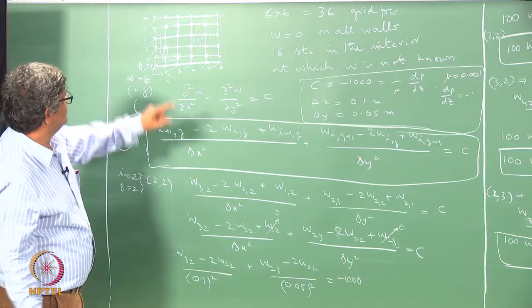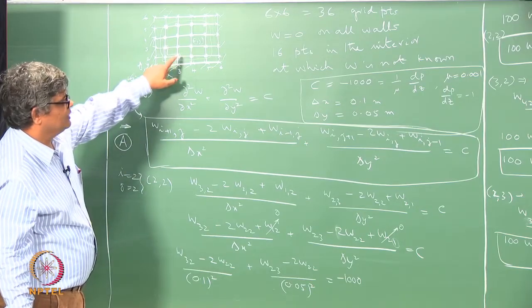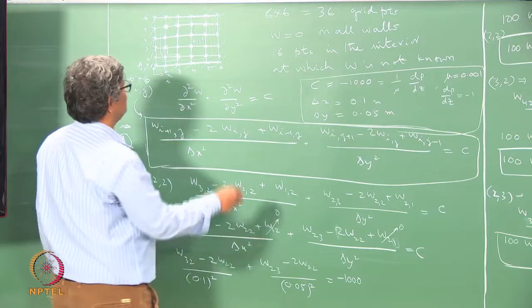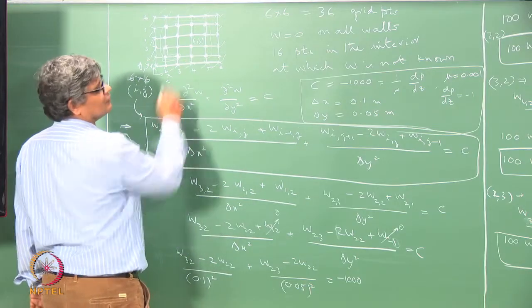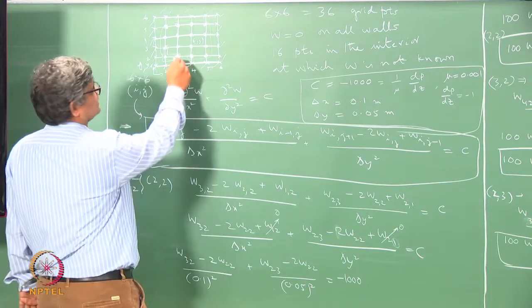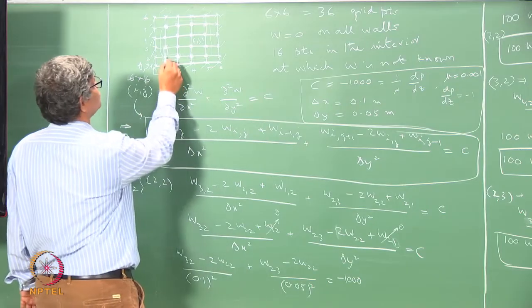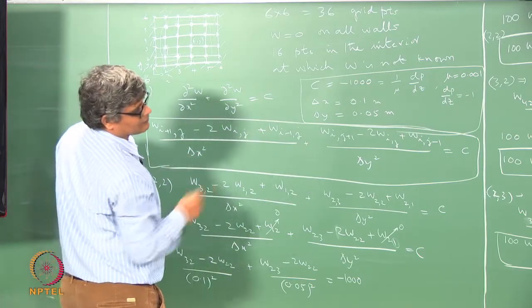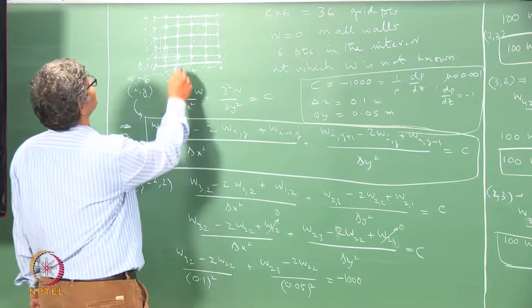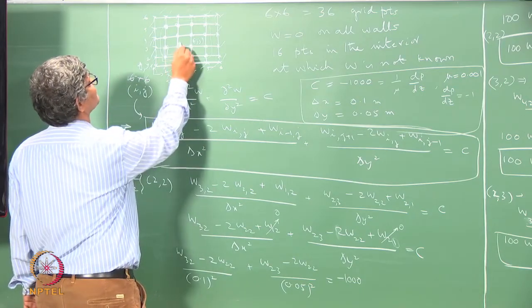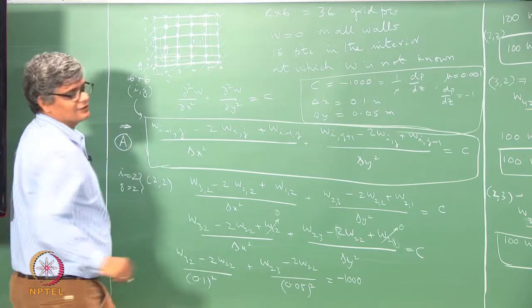Now, when we write (3,2), that is this point here, we have (4,2), that is this one, and we have (3,2) here, and we have (2,2), and then we have (3,3), so that is this point. So, we are bringing in these points.